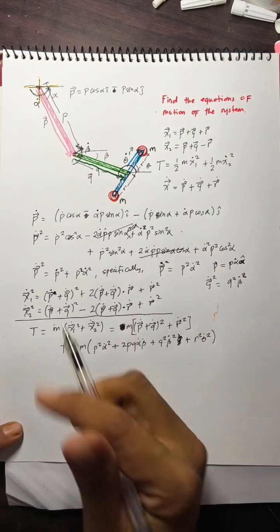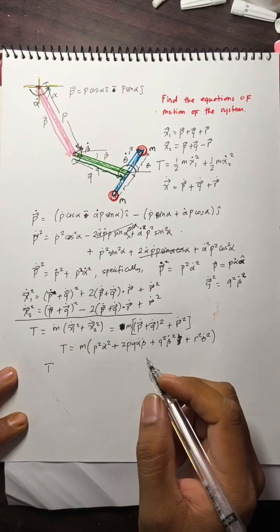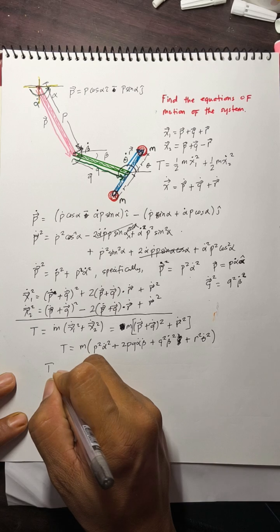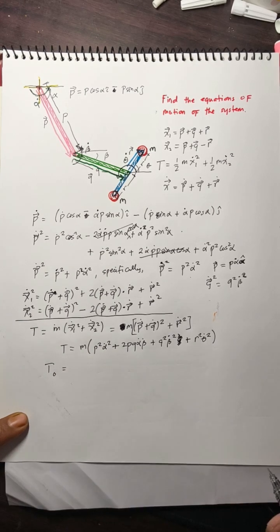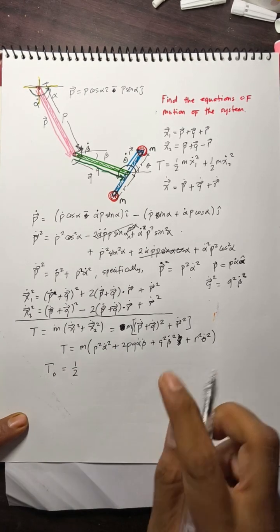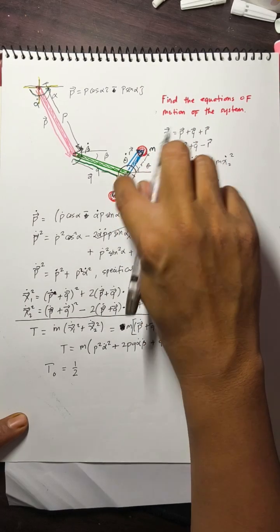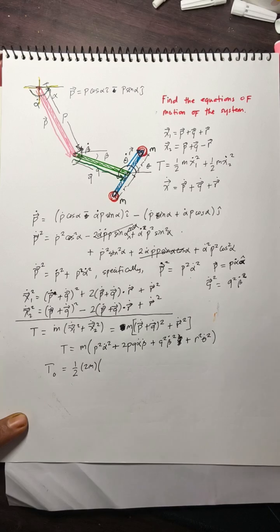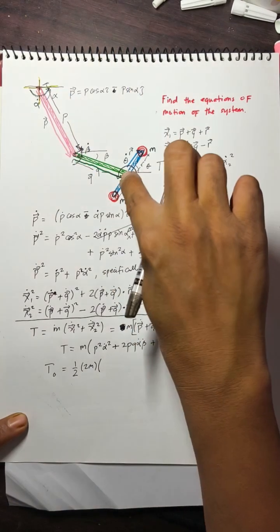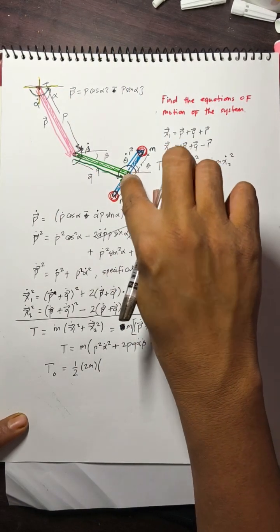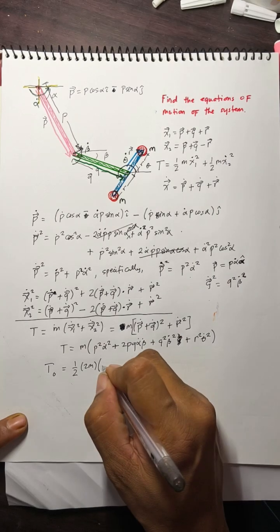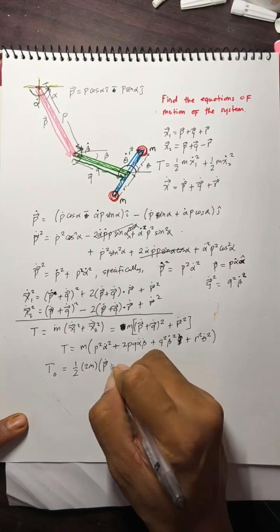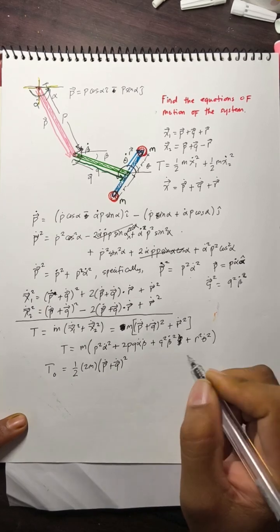As you can see, the kinetic energy of the center of mass, let's call this T naught, is just equal to 1/2 times the mass at the center of mass, that would be 2m, times the velocity vector pointing to the center of mass, which is just equal to this one here, so that is (p dot plus q dot) squared.